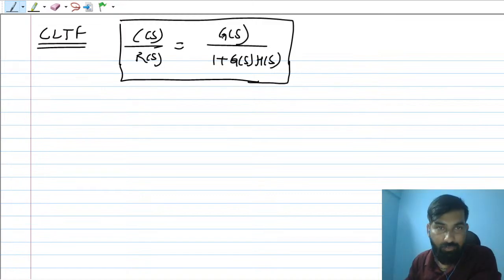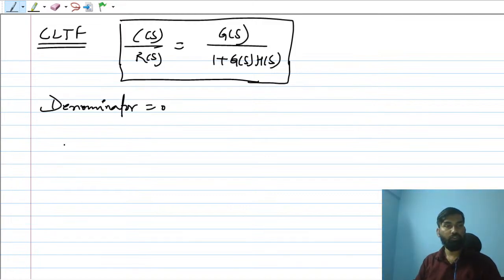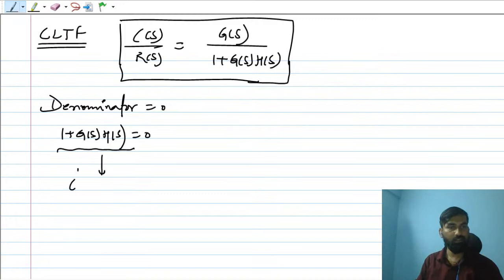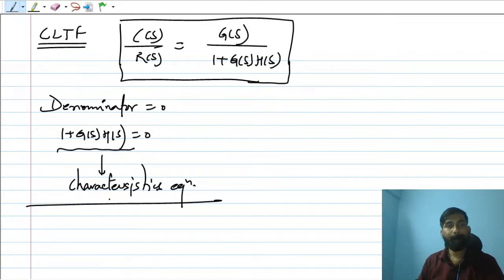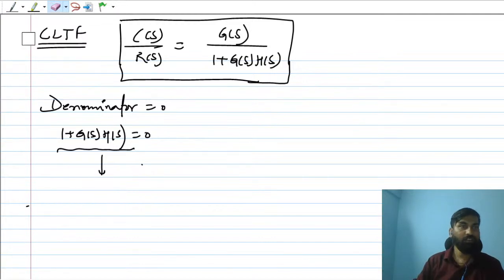Perfect. So if you look at the denominator part and make the denominator equal to 0, like 1 plus G(s)H(s), this is basically known as the characteristic equation. You can just remember CE, characteristic equation.